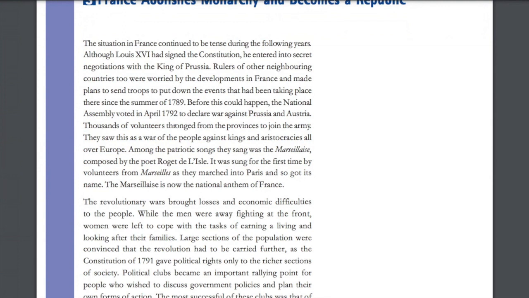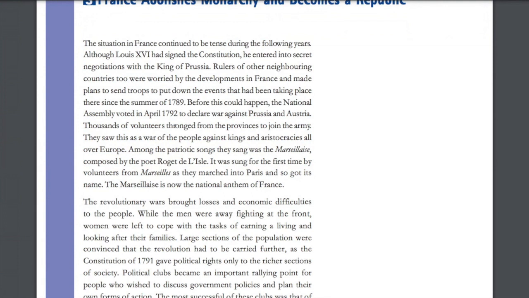They saw this as a war of the people against kings and aristocracies all over Europe. Among the patriotic songs they sang was the Marseillaise, composed by the poet Roget de Lisle.